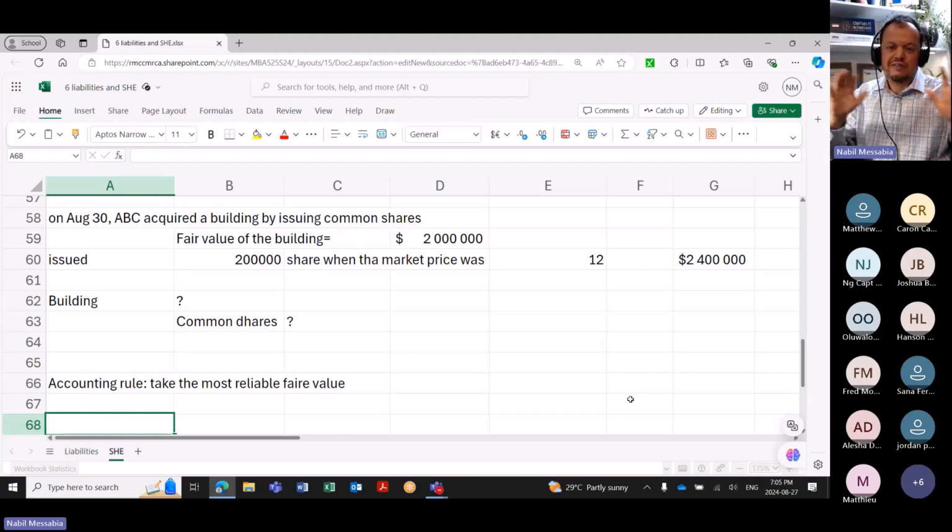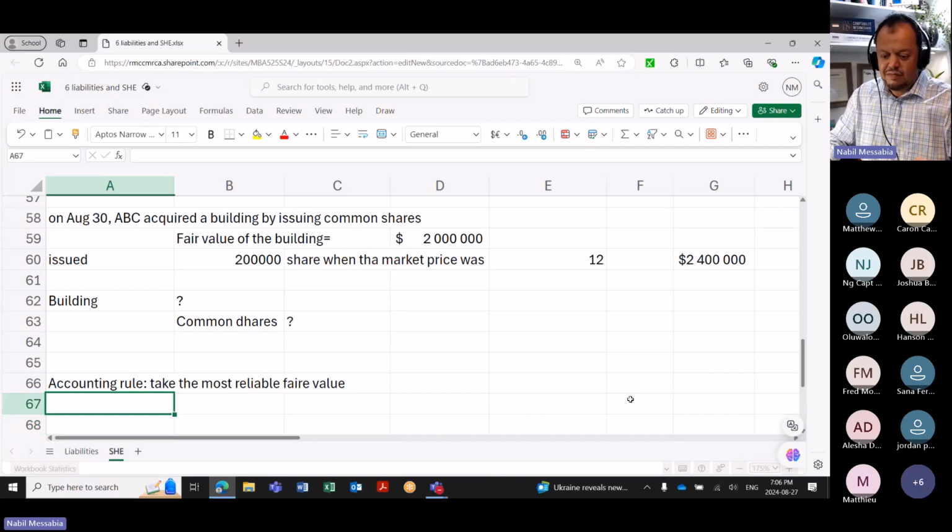Always. This is under IFRS, the best assessment of fair value if there is an active market, if the shares are traded in an active market. Nothing is better than demand and supply. Absolutely no expertise will go better than this. So most reliable.